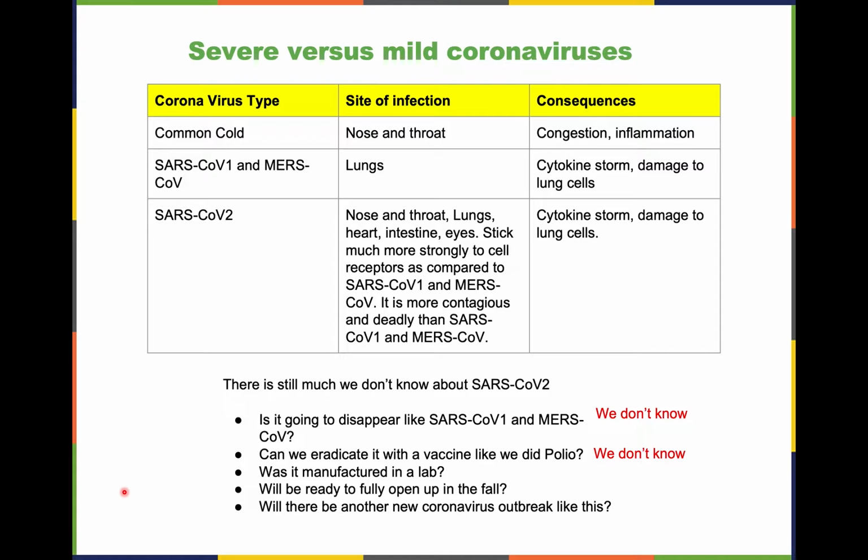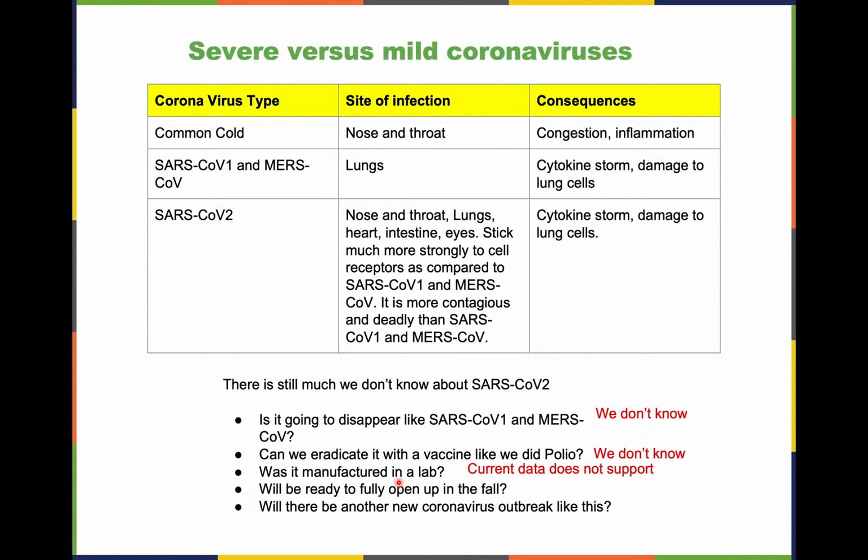Can we eradicate it with a vaccine like we did with polio? We really don't know, and I think it would be a grave mistake comparing and expecting the same thing from vaccines that we've seen before, because they're just not comparable. It's not the same virus. Was it manufactured in a lab?